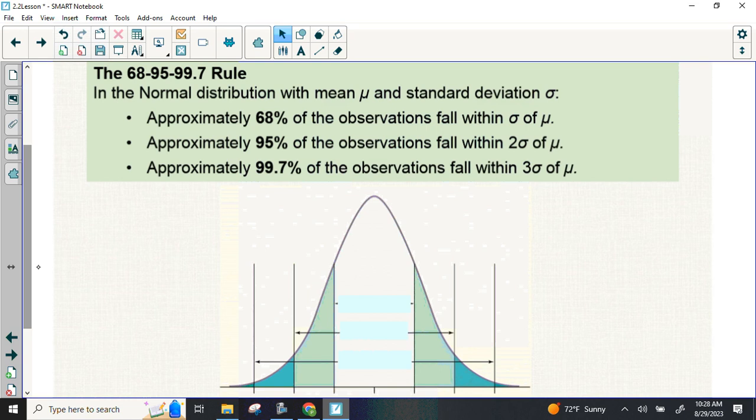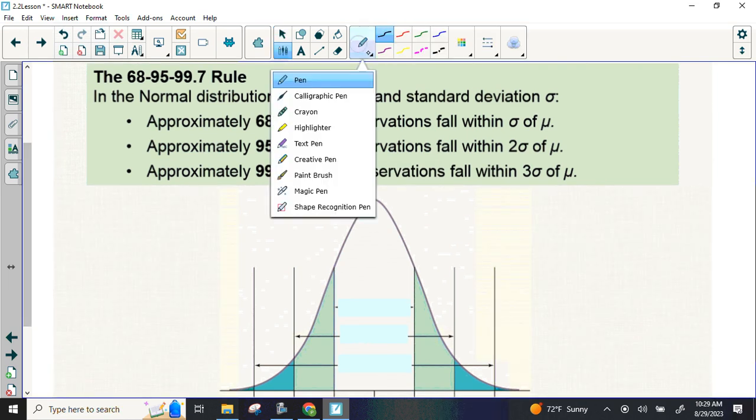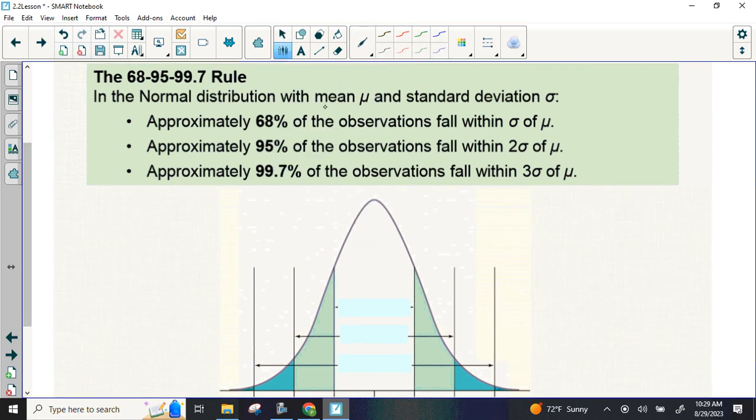This particular rule is also called the empirical rule, and that's what I'm going to call it because it's way easier to say. A lot of people call it that as well, not just me.